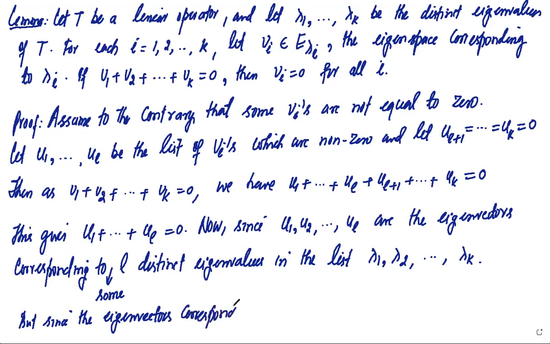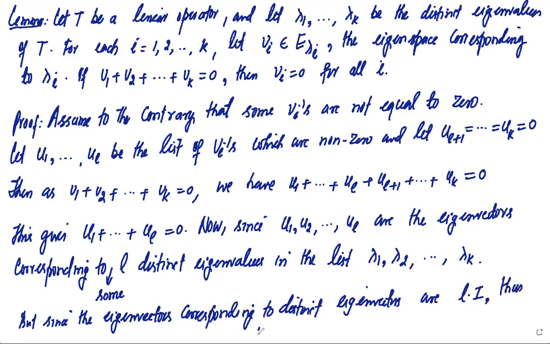Thus, u1 plus u2 plus so on plus ul equal to 0 is not possible.